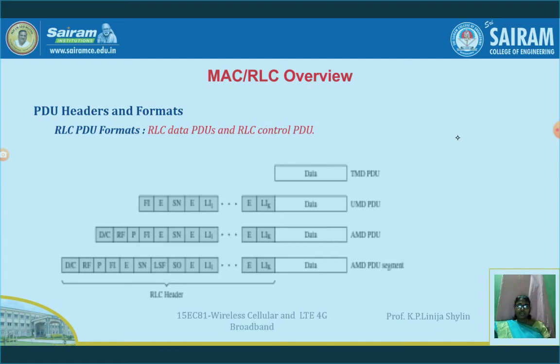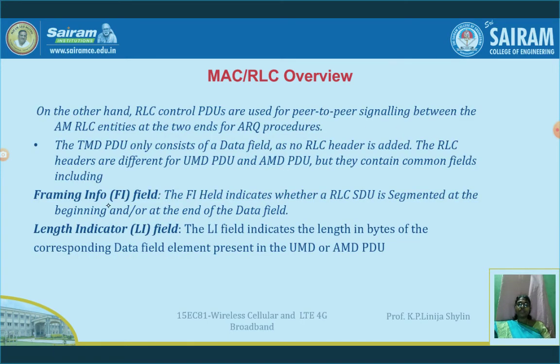Next, if we come to the unacknowledgement mode PDU, here we are seeing FI, then E, then SN, then E, then LI. Along with the data, these many headers are there. So what do we mean by FI? FI is the framing information field.